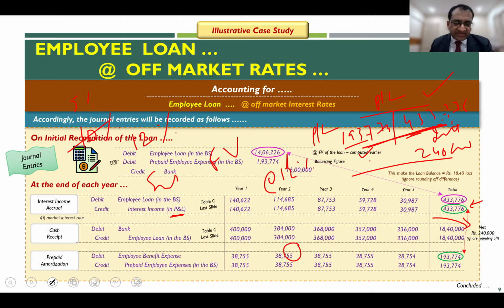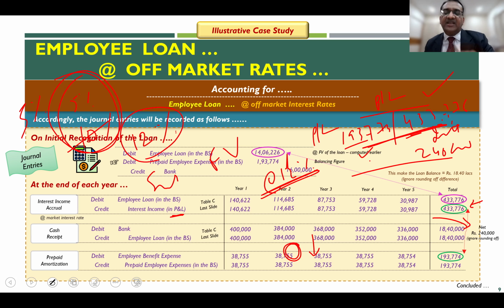That means the present value of the loan, because it's a higher rate, will be a lower number. Simplistically, in our case study, the benefit which the employee has is 5% of the interest rate. But if the market rate is 12%, then the delta of 7% is there, that the employee is benefited by a 7% lower interest rate.